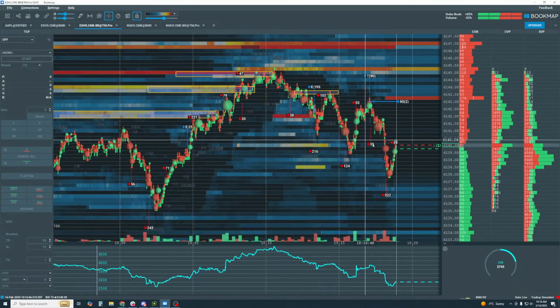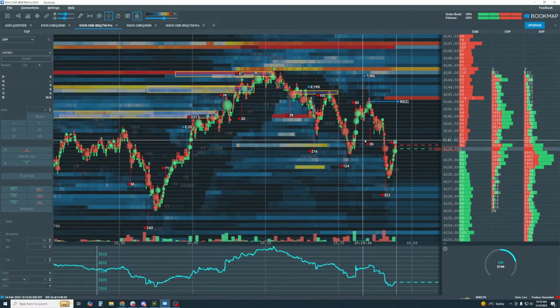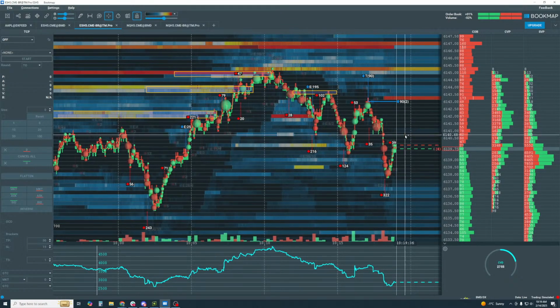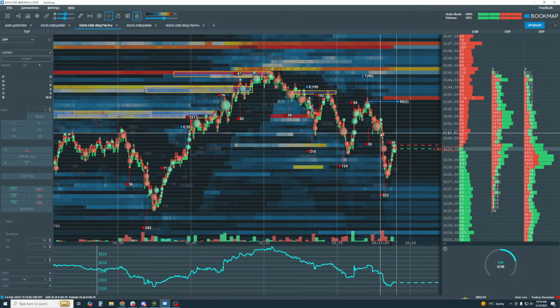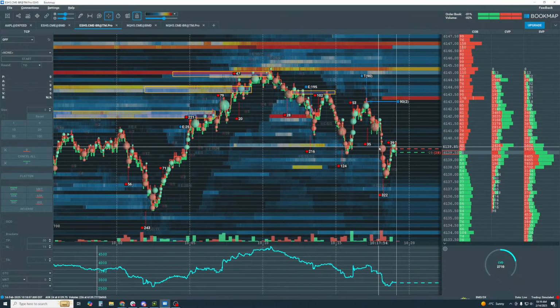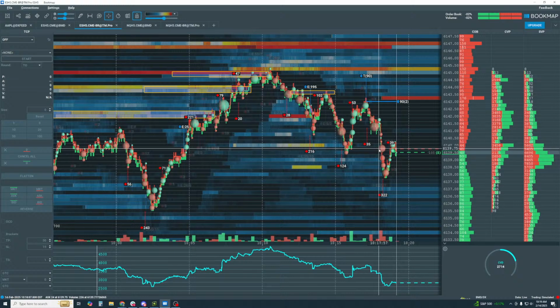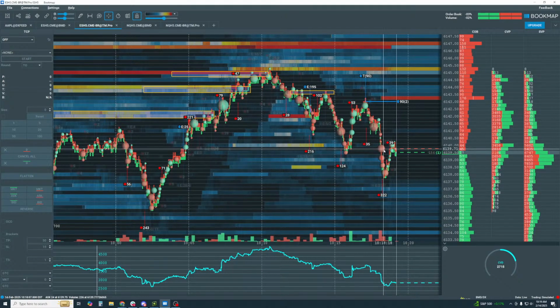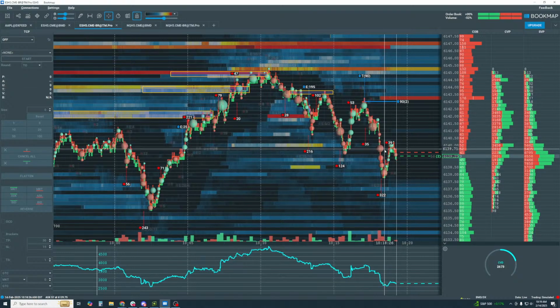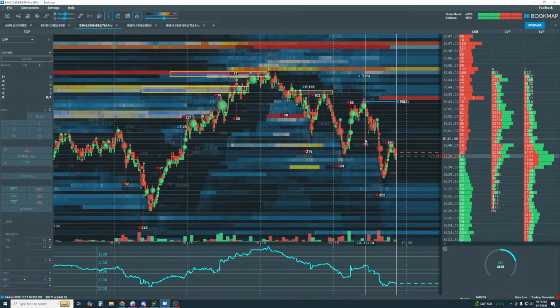Then everything started to work. Everything turned around for him, and he started to build that confidence. But this is the kind of thing that can really mess with your mind, and that's what we don't want to do. It's more important to take lots of little small losses than to mess up your confidence and your mindset, in my opinion.